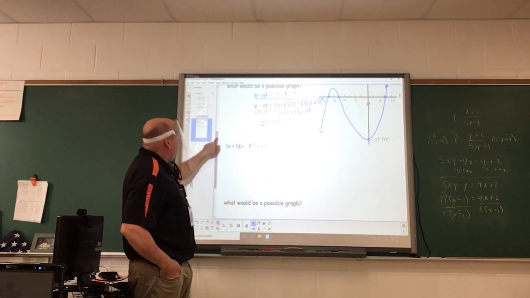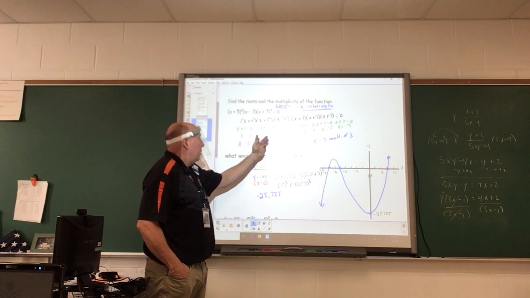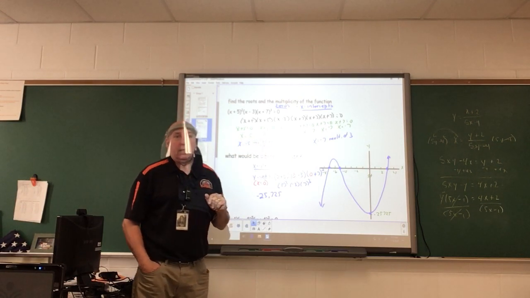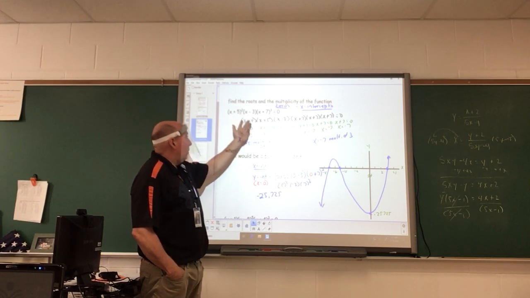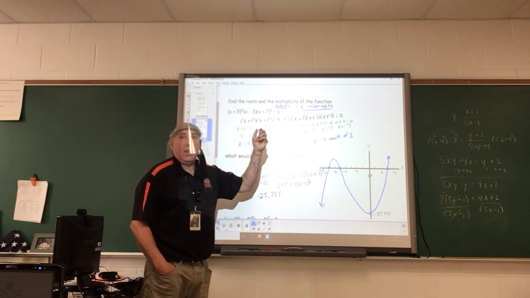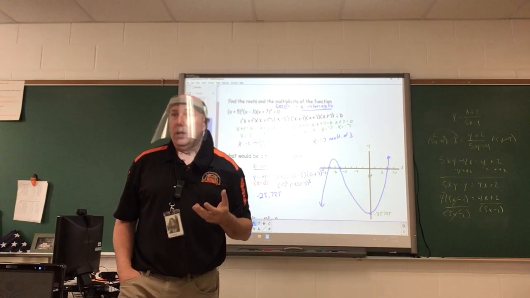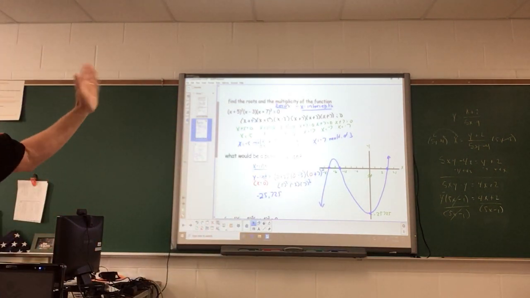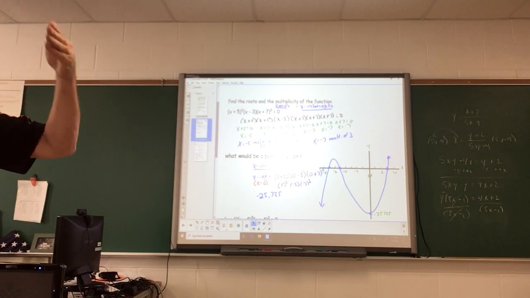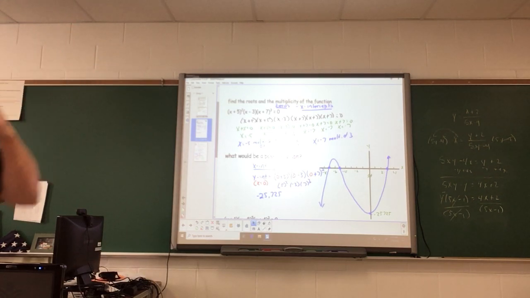Now, do I have to write out each one of these to tell me what my multiplicity is? I have x plus 5 quantity squared. That tells me how many x plus 5s I have, which should also tell me what my multiplicity is. I have x plus 7 cubed. That means I have 3 x plus 7s, which will also tell me my multiplicity.